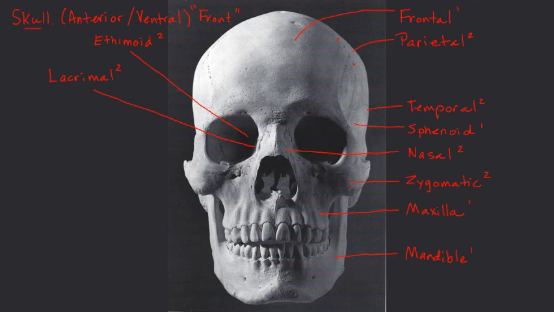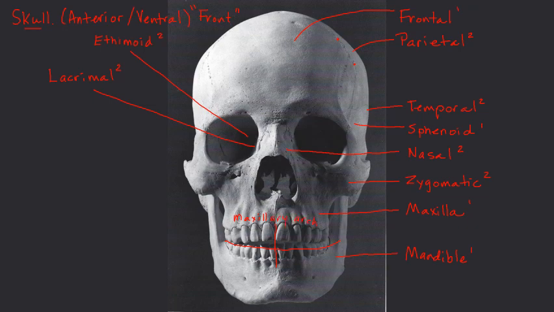As for our teeth or our dentition, normally what we do is we divide our teeth into 4 quadrants. And you have your maxillary arcade.